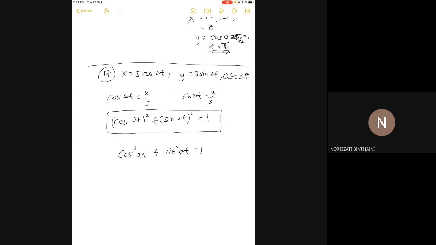Cos squared 9t plus sin squared 9t also equals 1, as long as the value of a is the same between the cos and sin. If it's the same, then it will be 1. That is the formula. Understand? So I will have (x over 5) squared plus (y over 3) squared equals 1. So it's the same too.